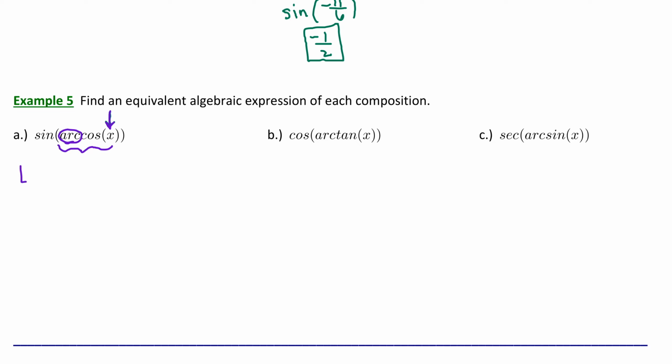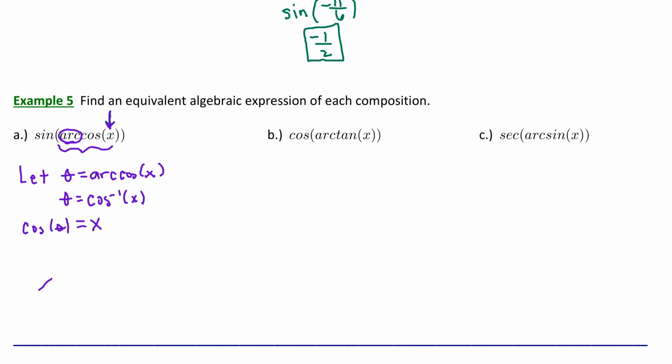So I'm going to say let theta represent whatever angle comes out of this arc cosine of x evaluation. Now if theta is equal to arc cosine of x, we can also recognize that is inverse cosine of x, just using different notation. This means that cosine of theta, ordinary cosine of theta, gives us x.